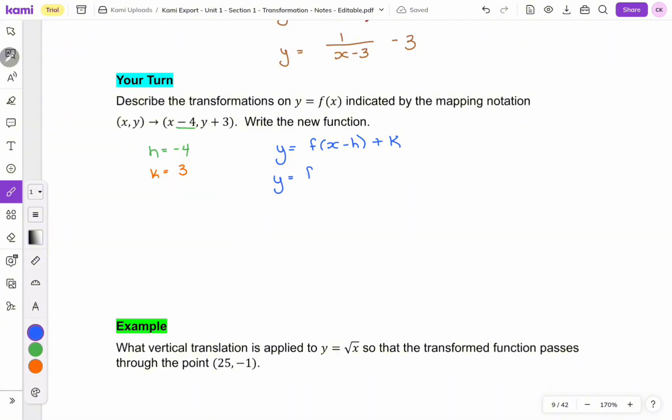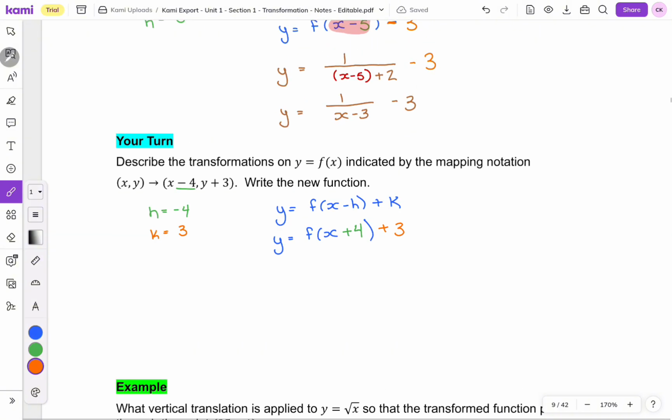If we sub in the values we've discovered from our mapping notation, a negative and a negative is going to turn into a positive h, in this case positive 4, and k equals 3. And that's it. Because they didn't give us a specific function to sub this into like we did here, we leave it just like that.